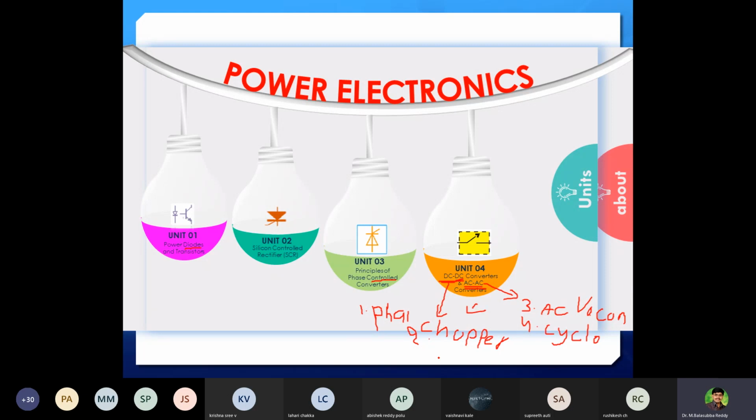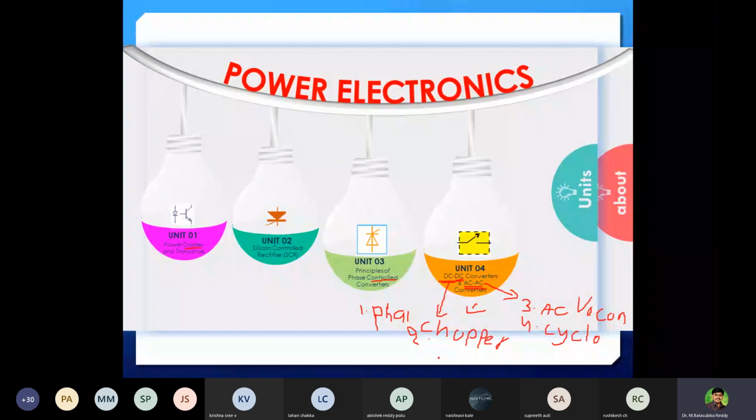It will convert fixed AC to variable AC with variable frequency. So that is the key role in power electronics when compared to the conventional control strategy. These power electronics controllers, especially for speed control of AC drives or AC motors, became very popular.